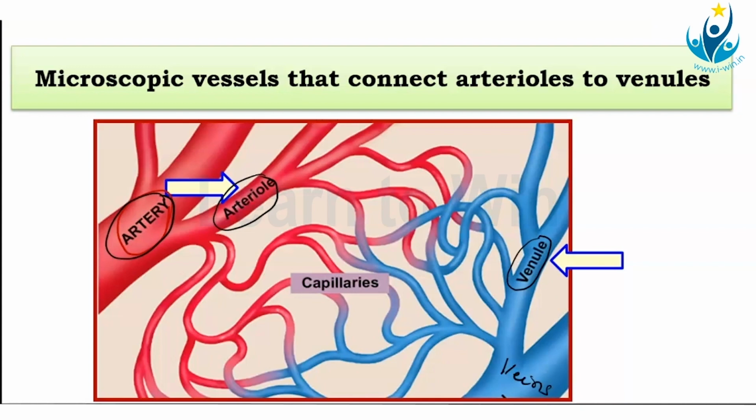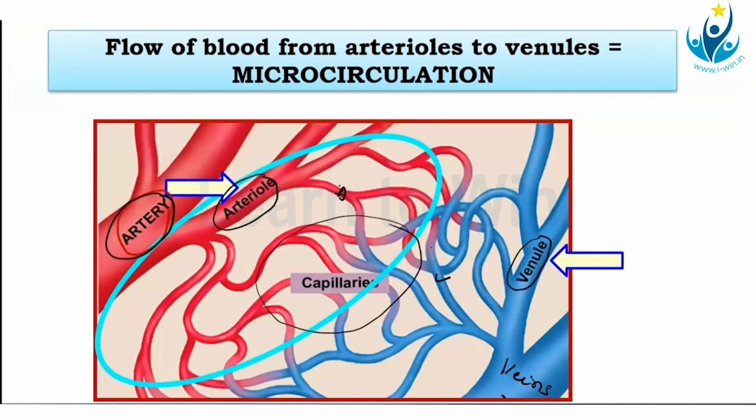So these capillaries are connecting the arteriole to the venule. This is the arteriole, this is the venule, and they are connected together, forming the capillaries. The flow of blood from arterioles to venules is called microcirculation.